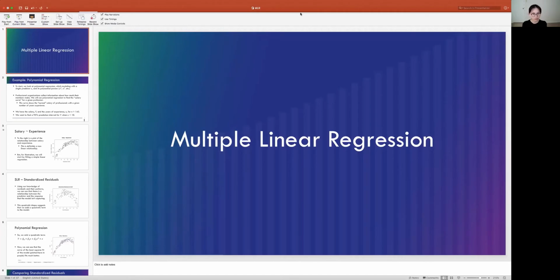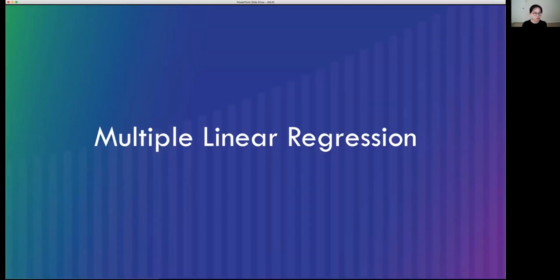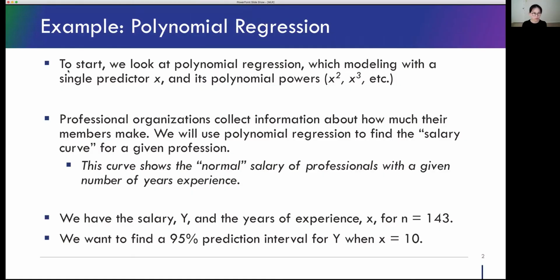All right. For this week, we will start to focus on multiple linear regression. Let's start with a very simple example of multiple linear regression, which will have polynomial predictors.